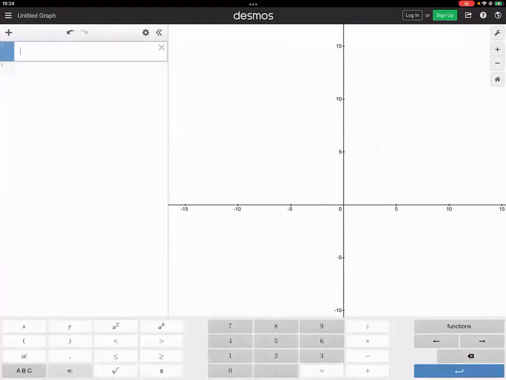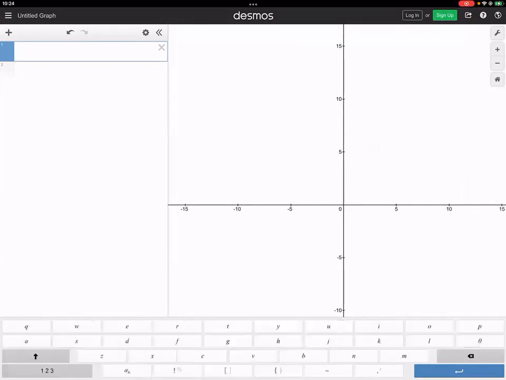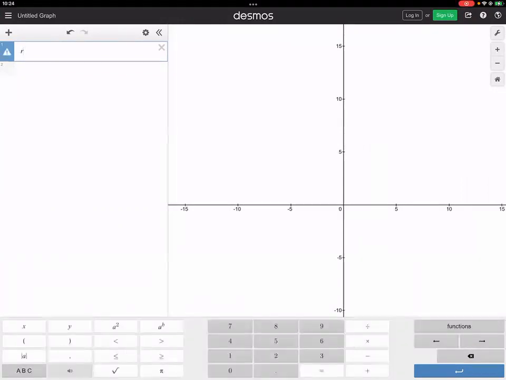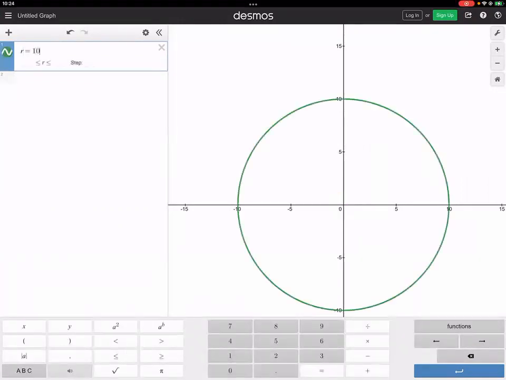So now we ask a question: can we have a simpler way to express things like a circle? I mean, circle has a radius. So let's just say I want to have a radius of 10. So all I need to do is to type in R equals to 10.